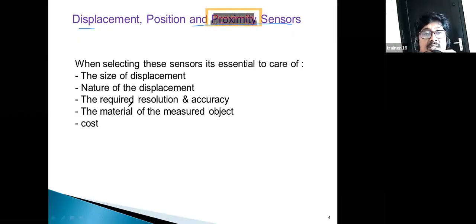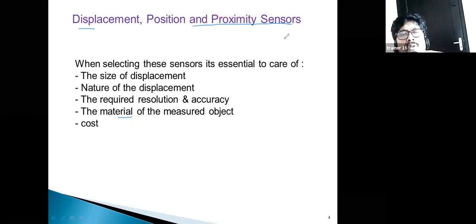In other words, we can also call it a smart material, right? And cost. While selecting a sensor, these are the considerations we have to consider. In any sensor, material is very important. We can call it smart material, magical material, like that.